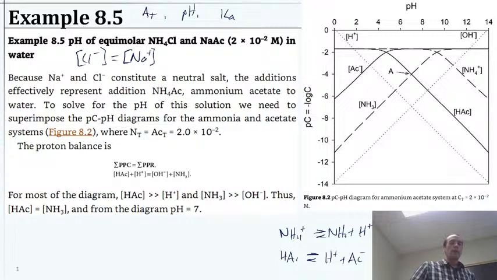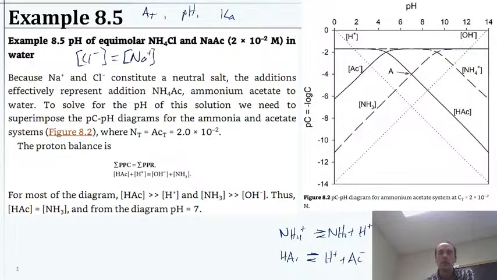So to solve for the pH here, we have to draw both of those curves on here, the ammonia curve and the acetate curve. So you see here we've got the ammonia drawn here. That's ammonia and ammonium ion here, like that.